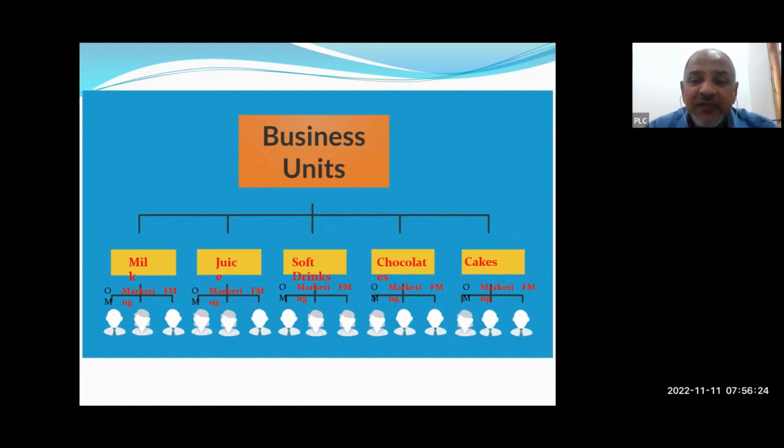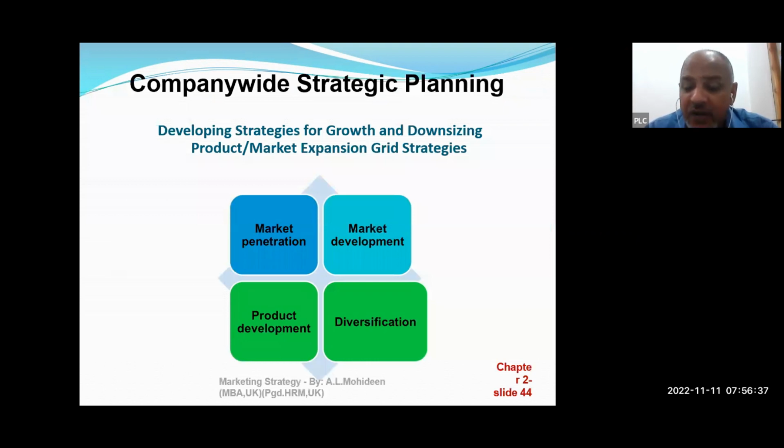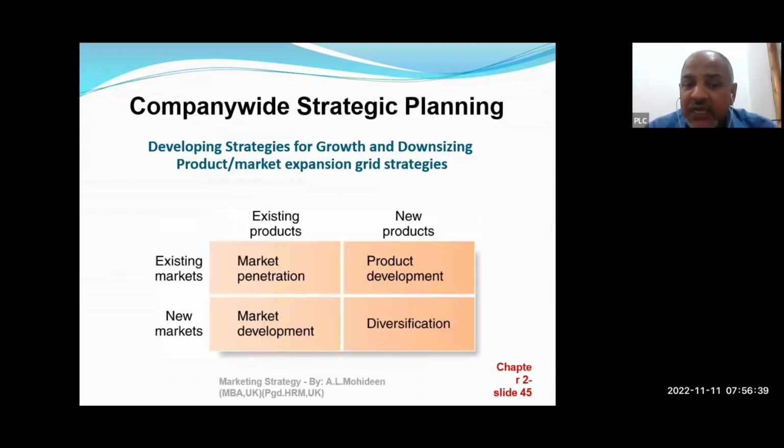It is not in the mind of the customer. So you target a narrow market like the Doha city area, and from there you expand slowly. At the beginning, you go for one area. You take your existing product and target the existing market.